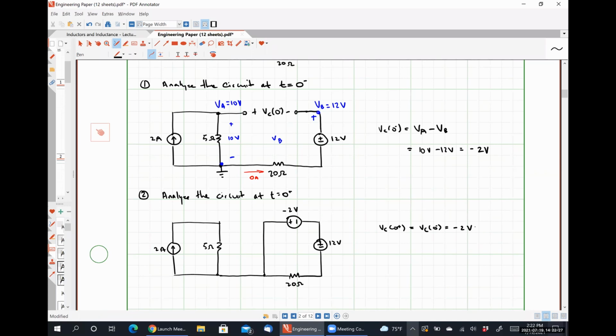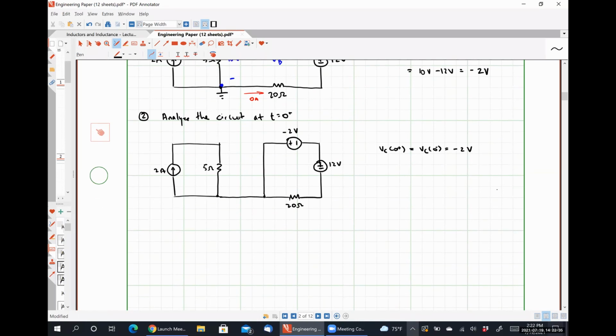So I'm going to go ahead and move along to step 3, and we're going to work some more examples where step 2 is actually necessary. So step 3 is going to be a new one, okay? We will now analyze the circuit at t is equal to infinity.